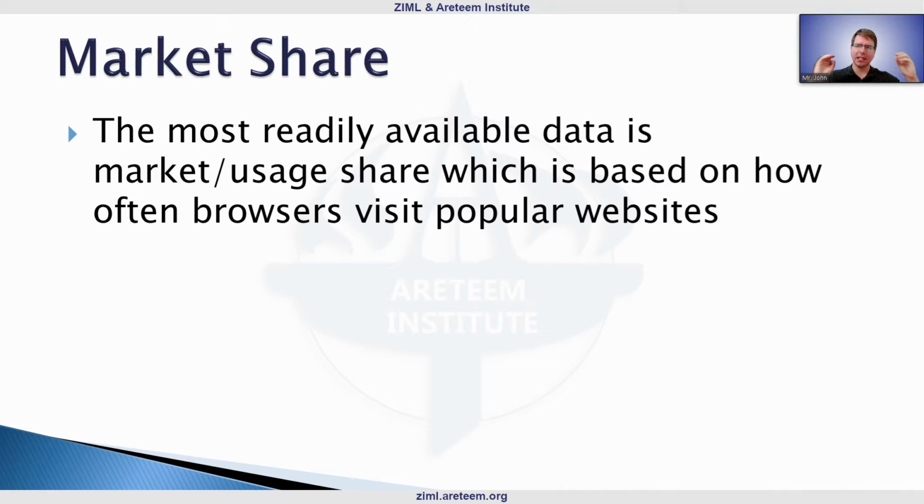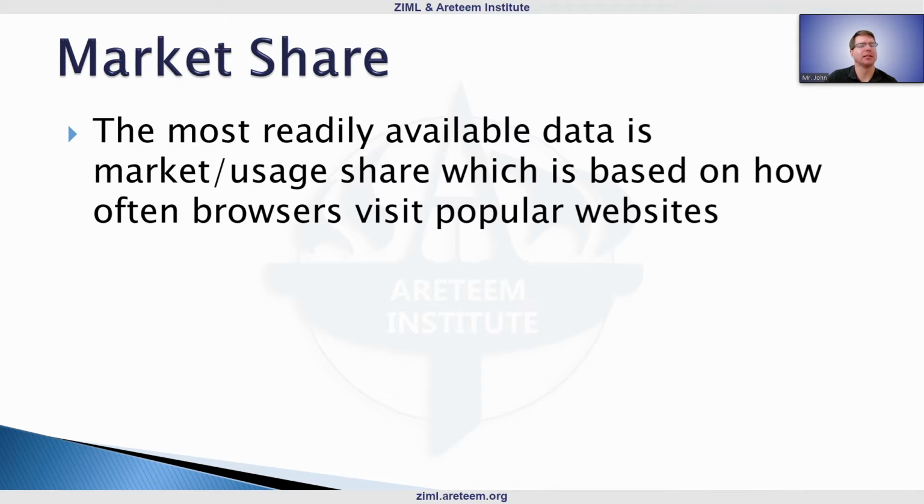Now, there's a little bit of difference here, right? They're not actually polling people, what browser do you use? We'll talk about that a little bit more in a moment. That data is hard to come by, right? But it's kind of just saying, okay, our websites can see which browsers being used to view them.